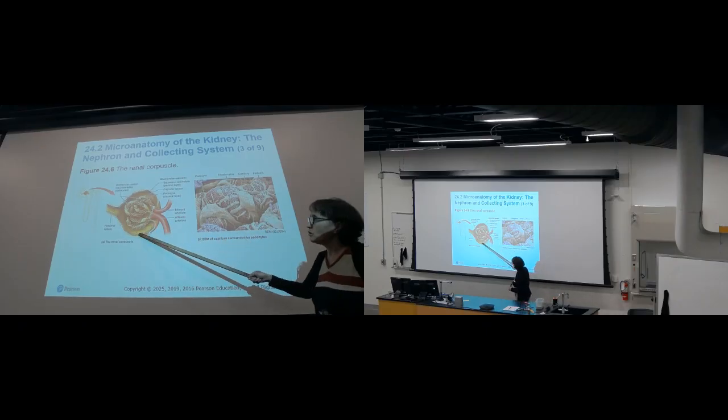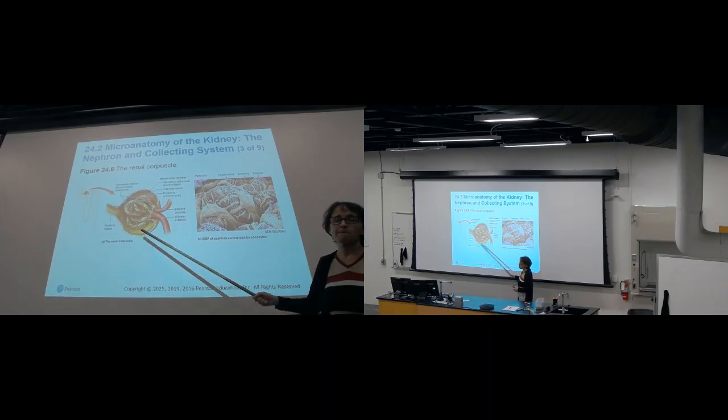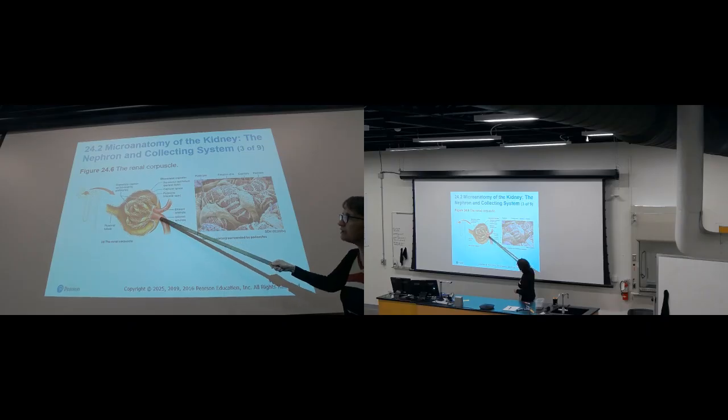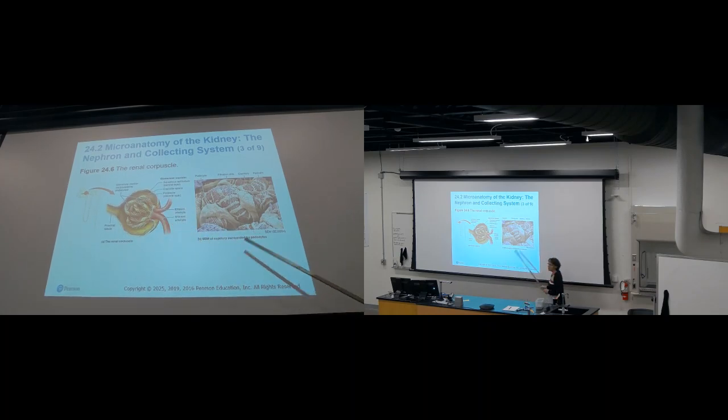And the plasma goes into this space that is called the capsular space. And then the blood will exit through this efferent. So notice how the efferent is narrower than the afferent. So more blood comes in, less blood comes out. That creates pressure. Under high pressure, we filtrate the blood. So that's the first part of the nephron.